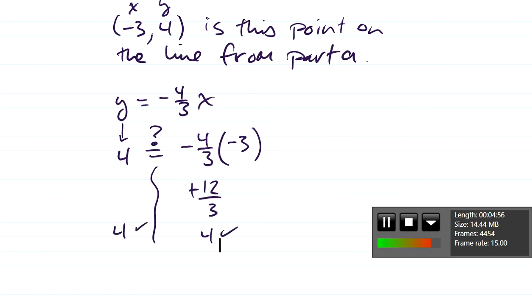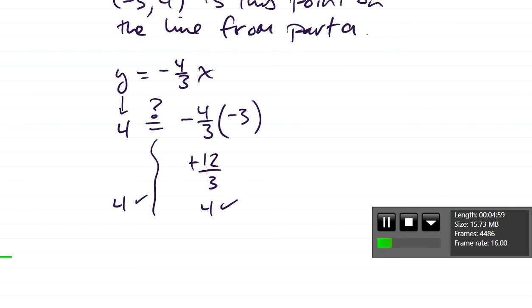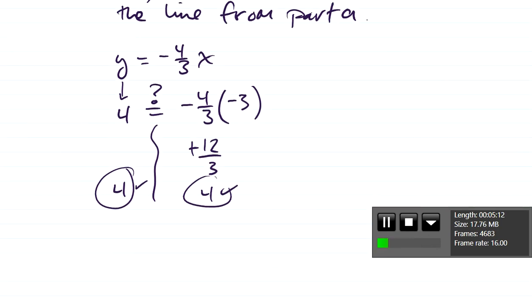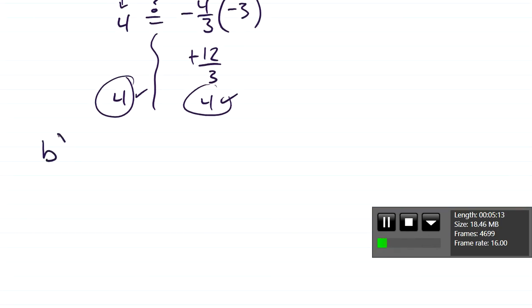So I would absolutely say yes, because this point (-3, 4) made this true. I got the same value on both the left and the right-hand side. They both became the number 4. I can say that yes, the point (-3, 4) is on the line. So that's my answer to B.